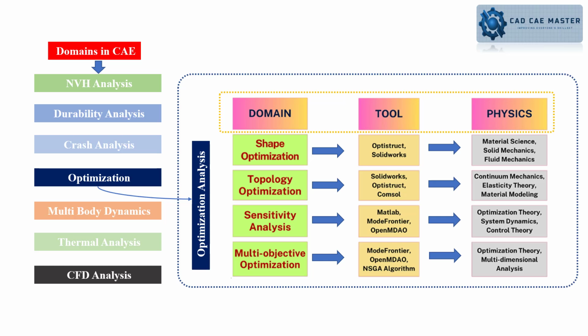So we mainly focus on OptiStruct for the topology and the shape optimization, very important. We also use SolidWorks Cosmos for the part level optimizations. The physics behind it: material science, solid mechanics, fluid mechanics, yeah. So elastic theories, material modeling, optimization theory we should know, yeah. So these are all the things we should know before getting into this domain.